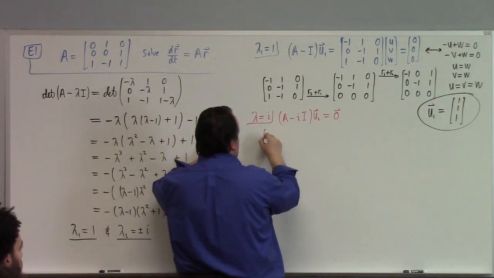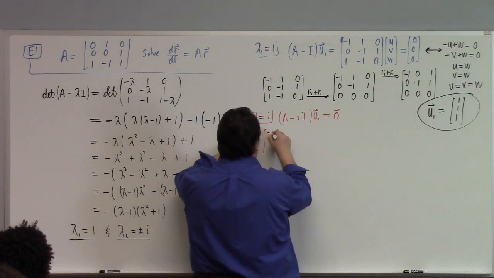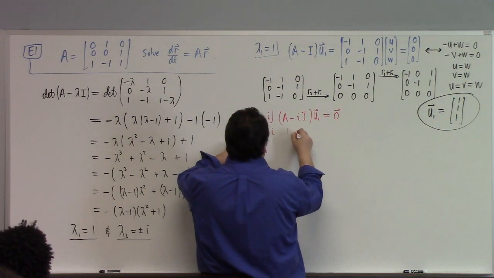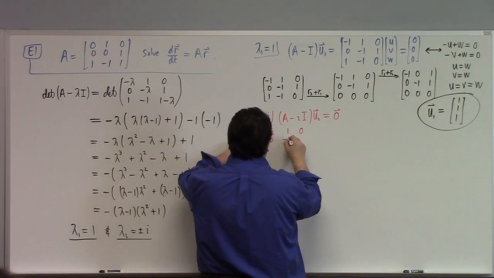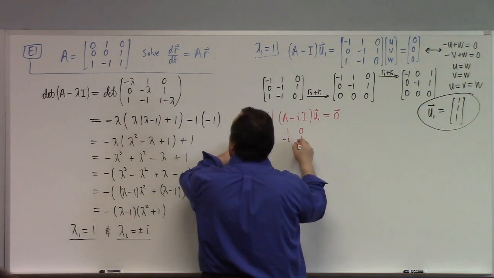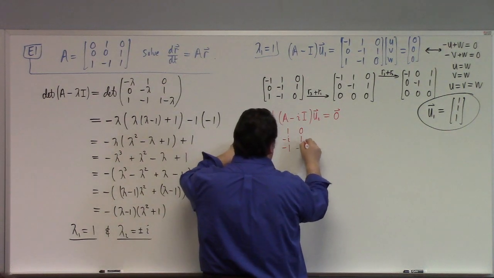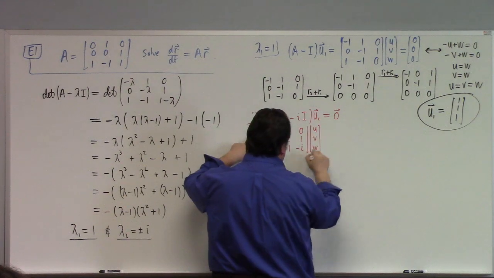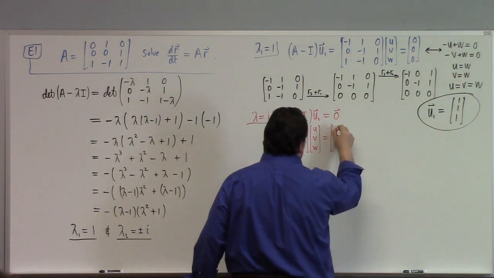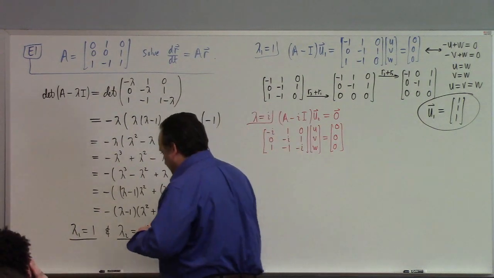Now that explicitly is minus i, 1, 0; 0, minus i, 1; and 1, minus 1, minus i; times u, v, and w equals 0, 0, 0. I have grown disinterested in row operations at this point.